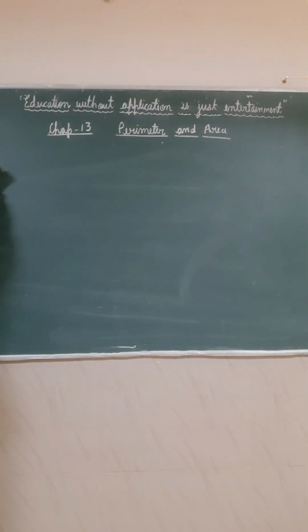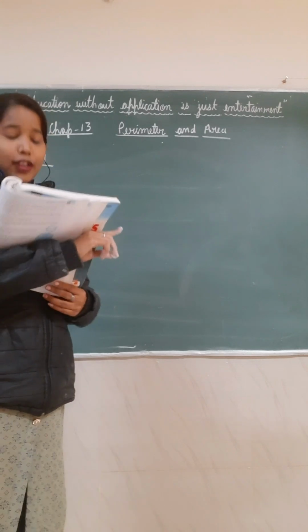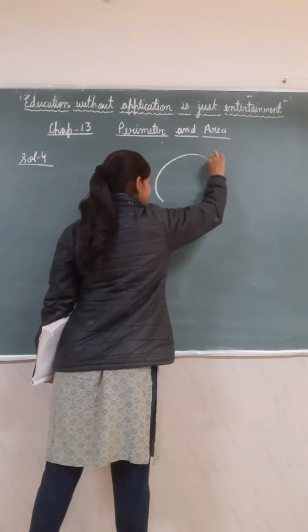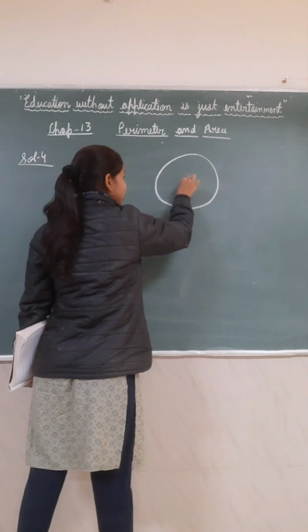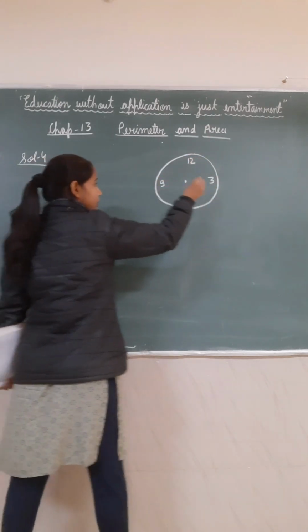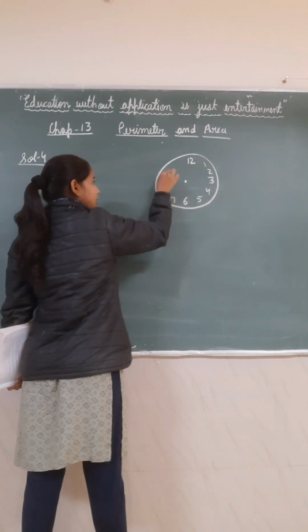Question number 4, you have to write down. I am doing the direct solution. It is given that the minute hand of a tower clock, so a tower clock is like this. It has 12, 6, 3, 9, and 1, 2, 3, 4, 5, 6, 7, 8, 9, 10, 11.